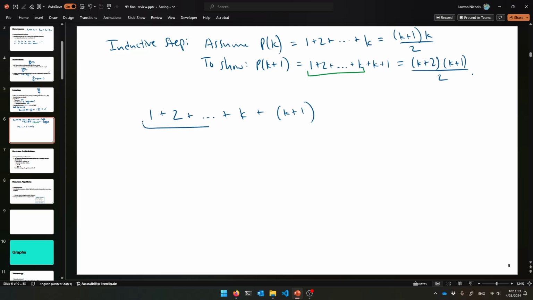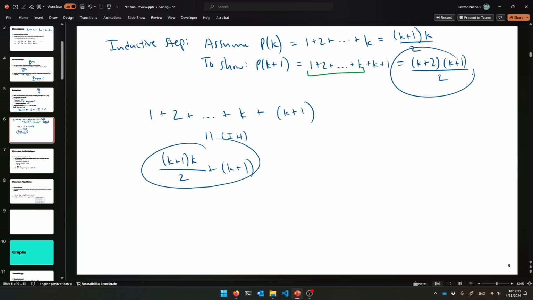By the inductive hypothesis, I'll replace this first bit with what we know it's equal to: k plus 1 times k over 2. I get to assume that. And then I still have my plus k plus 1 over here. And now I've got to get this looking like this.